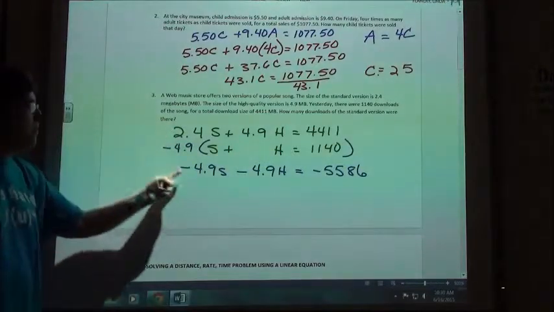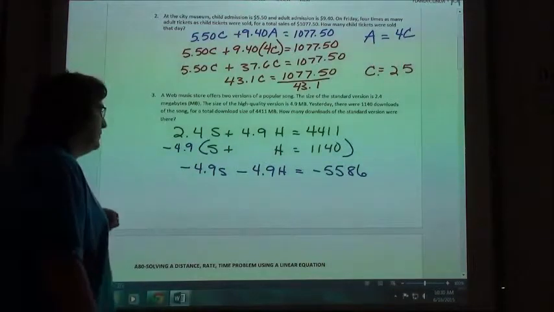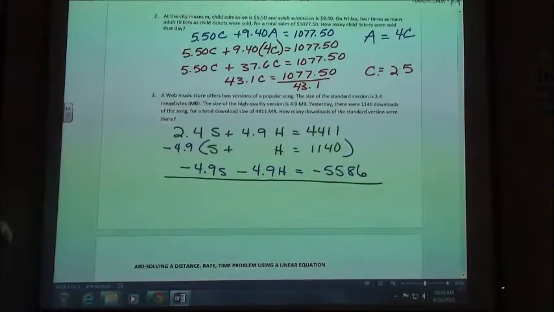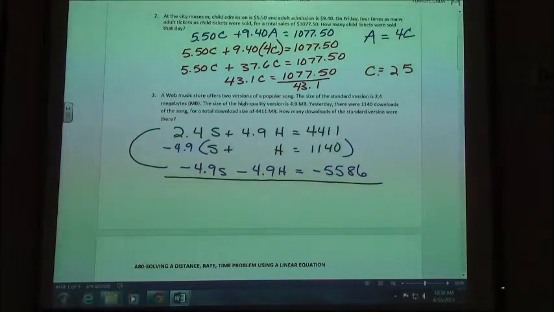So 2.4 minus 4.9 would give me, take the 2.4S minus the 4.9S, you get negative 2.5S.